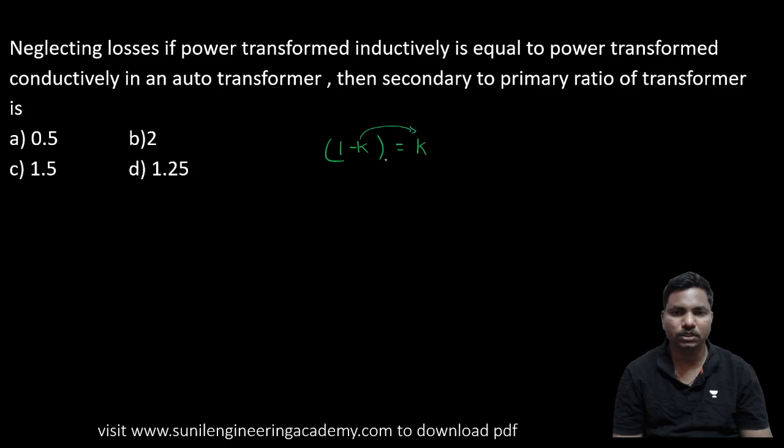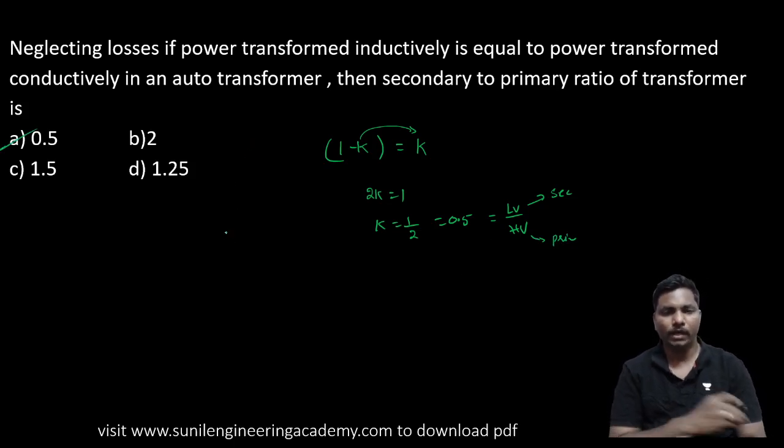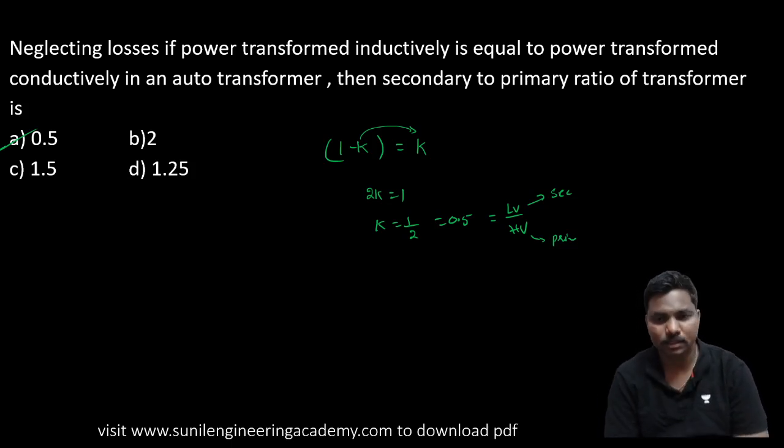So K comes to this side, 2K is equal to 1, K is equal to 1 by 2, that is 0.5. That is nothing but the secondary to primary ratio, because K is LV by HV. LV is generally the secondary side, HV is generally the primary side. So that ratio is 0.5, and the answer is option A.